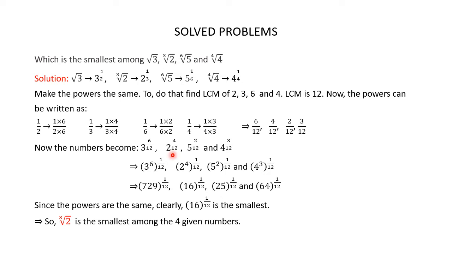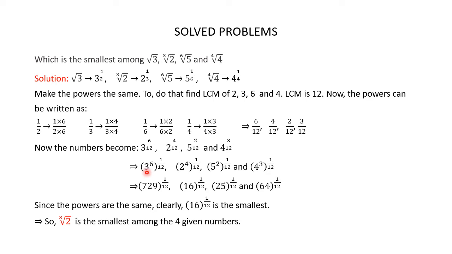So this number can be written as 2 raised to the power 4 the whole raised to the power 1 by 12. 2 by 12 can be written as 2 multiplied by 1 by 12. So this number can be written as 5 squared the whole raised to the power 1 by 12. 3 by 12 can be written as 3 multiplied by 1 by 12. So this number can be written as 4 cubed raised to the power 1 by 12.